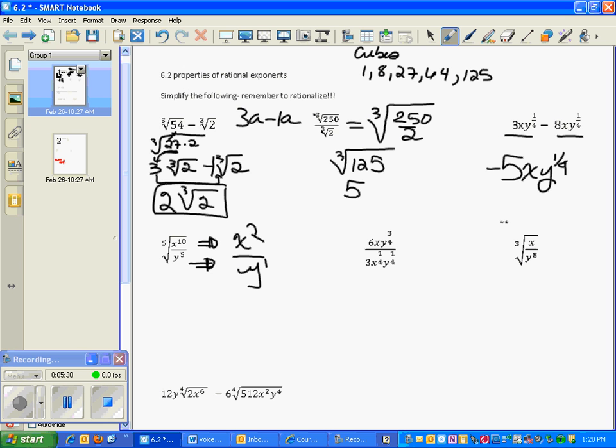Okay, why is that? 1, 2, 3, 4, 5, 6, 7, 8, 9, 10. Isn't that what x to the 10th equals? Right? And if I'm asking for the fifth root, I need it in groups of how many? 1, 2, 3, 4, 5. 1, 2, 3, 4, 5. How many groups of fives do I have? 2.